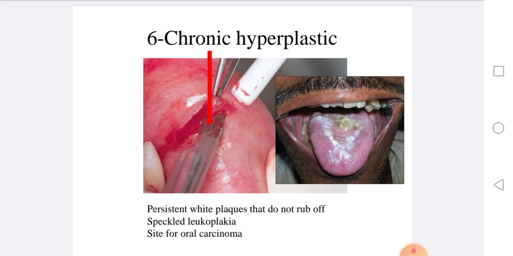And also points of leukoplakia, that is to say, white areas. These are common sites for oral carcinoma. And also the condition may present as in the picture on the left hand side, spongy mucosa that bleeds on touch.